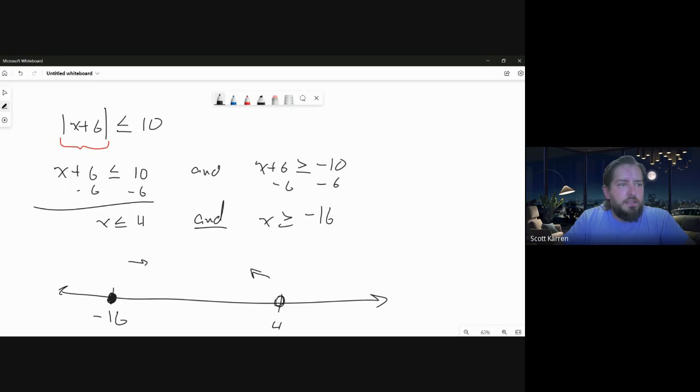Solid dot there, solid dot here, and then it's those values in between. In interval notation, it's the values between negative 16 and 4 in brackets to include them.